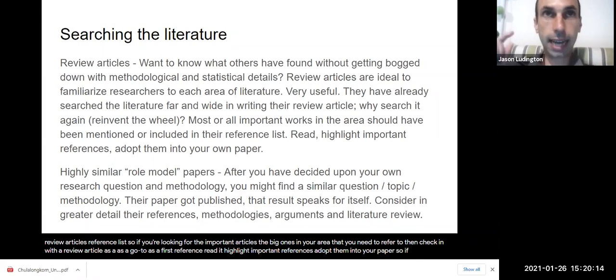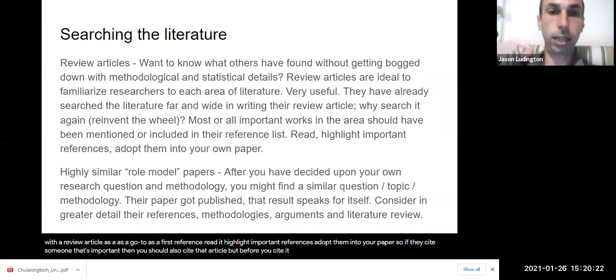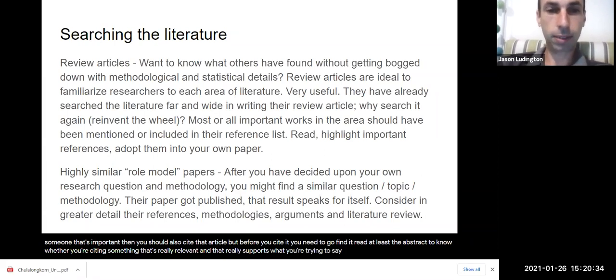So if they cite someone that's important, then you should also cite that article. But before you cite it, you need to go find it, read at least the abstract to know whether you're citing something that's really relevant and that really supports what you're trying to say. So at a minimum, when you cite a reference, that means that you have at least read the abstract.